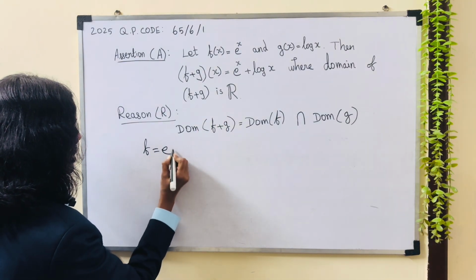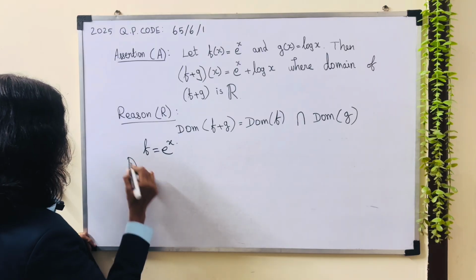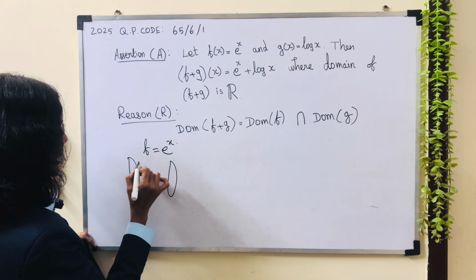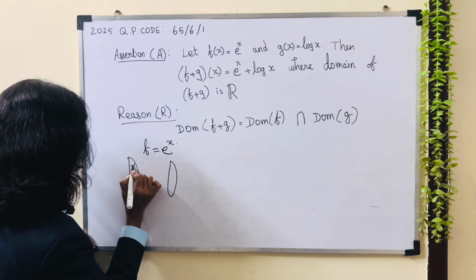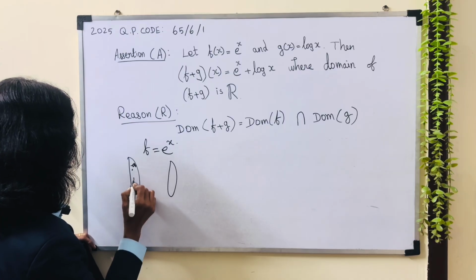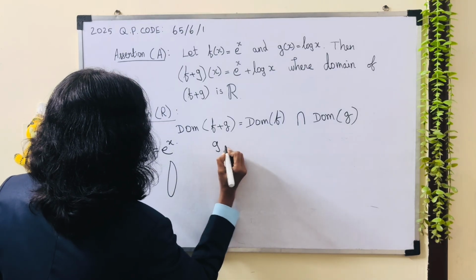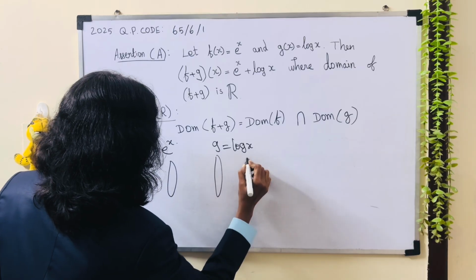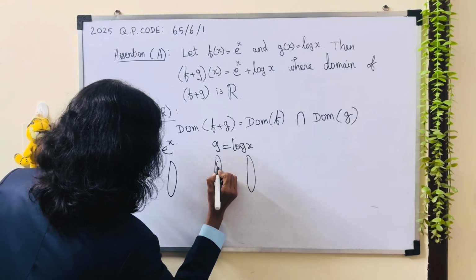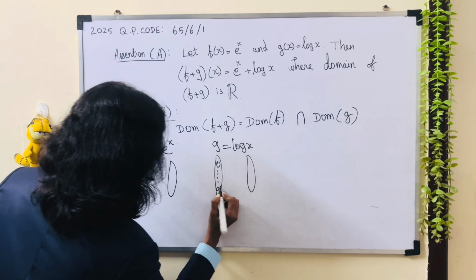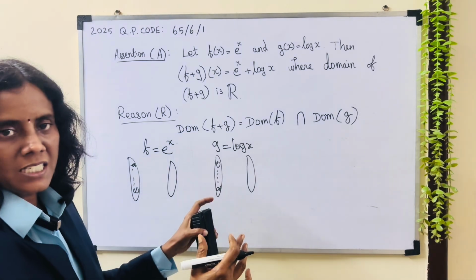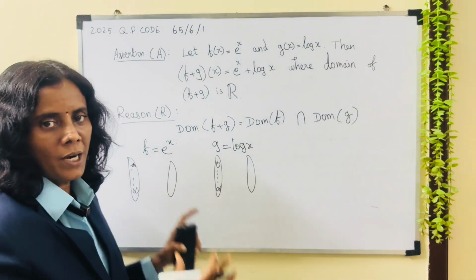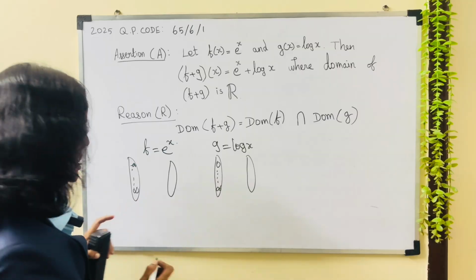F is e power x, that means its domain is minus infinity to infinity. G is log x, so its domain is 0 to infinity. For f plus g, we have to take the common domain of f and g.